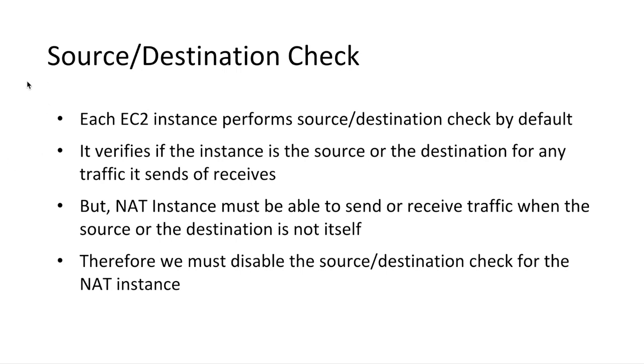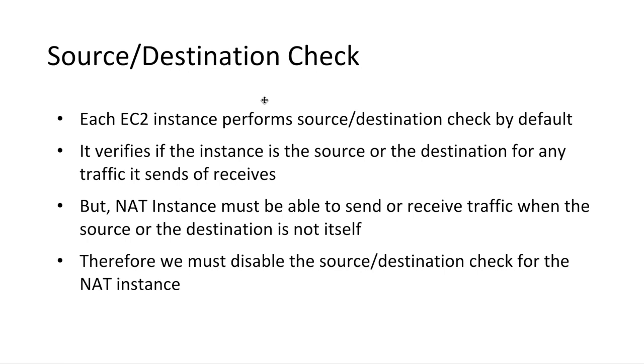I told you that NAT instance is nothing but another EC2 instance. Now in the EC2 instance, there's this source destination check that is enabled. Now what is this source destination check, guys? The source destination check always verifies that the traffic an EC2 instance sends or receives is either originated from or destined to the EC2 instance.